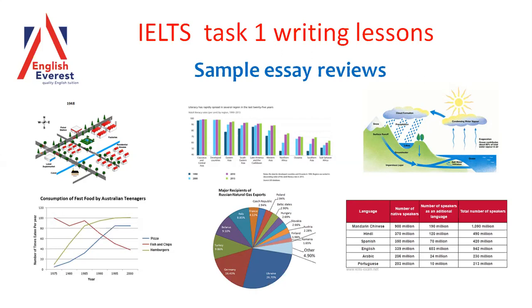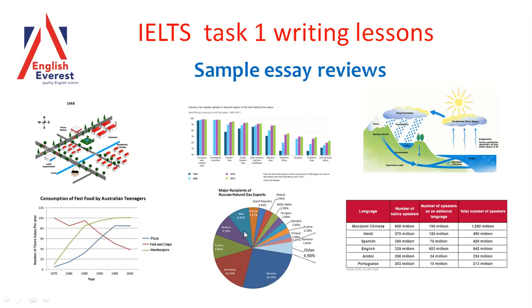So in this series we're going to do a number of different essay types. We have the plan, we have the bar chart, we have the process or diagram, even process diagram. We have a line graph or line chart.